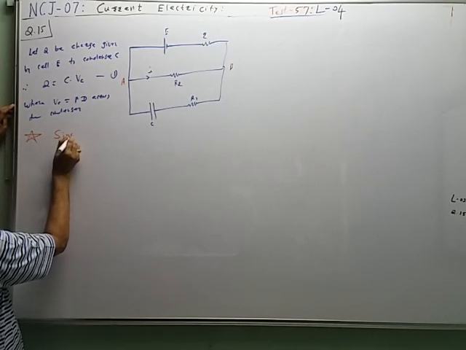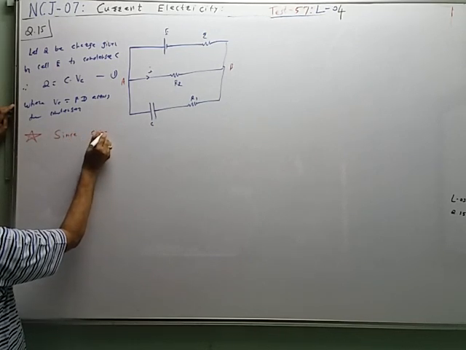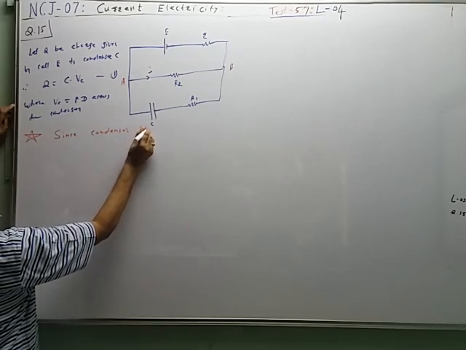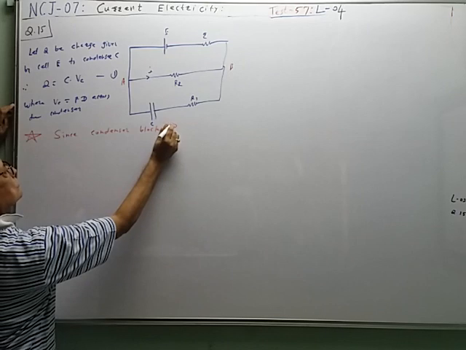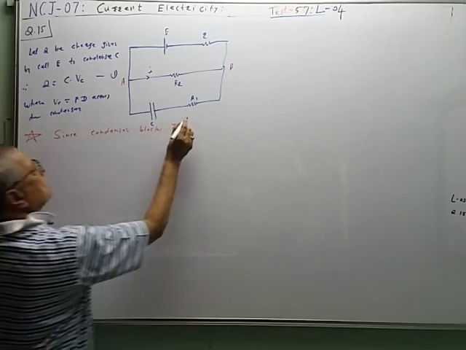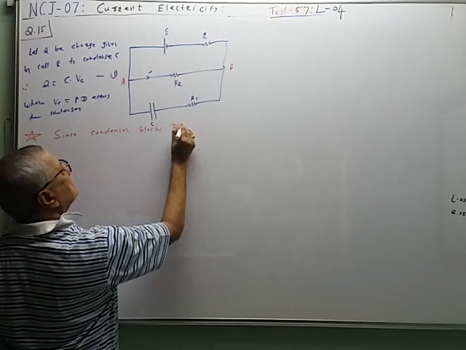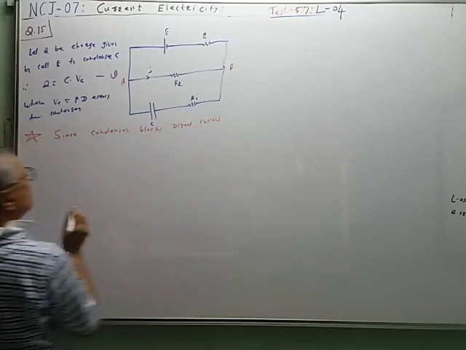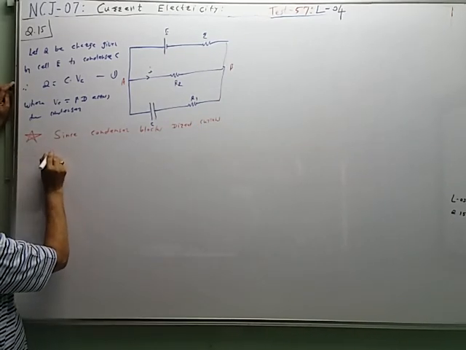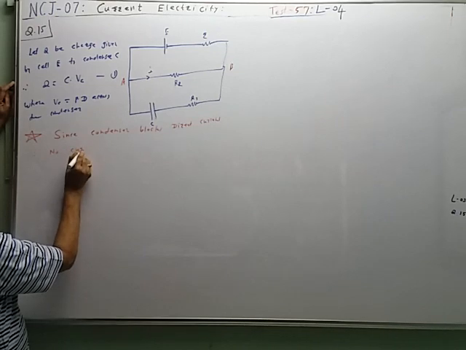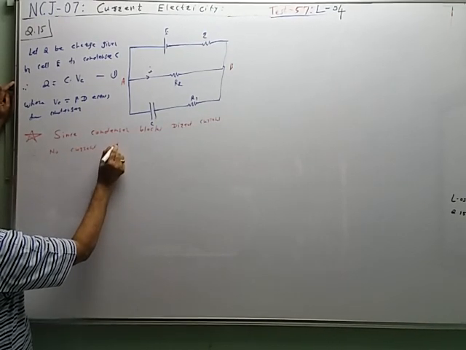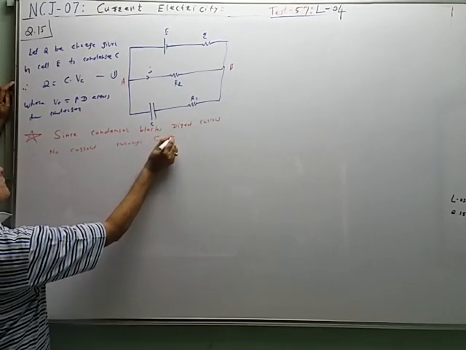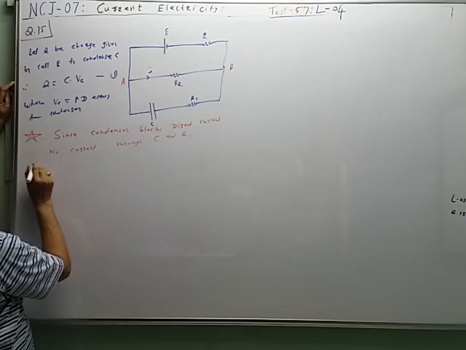Since condenser blocks DC, direct current, or it is also called a steady current, therefore no current through C and R1.